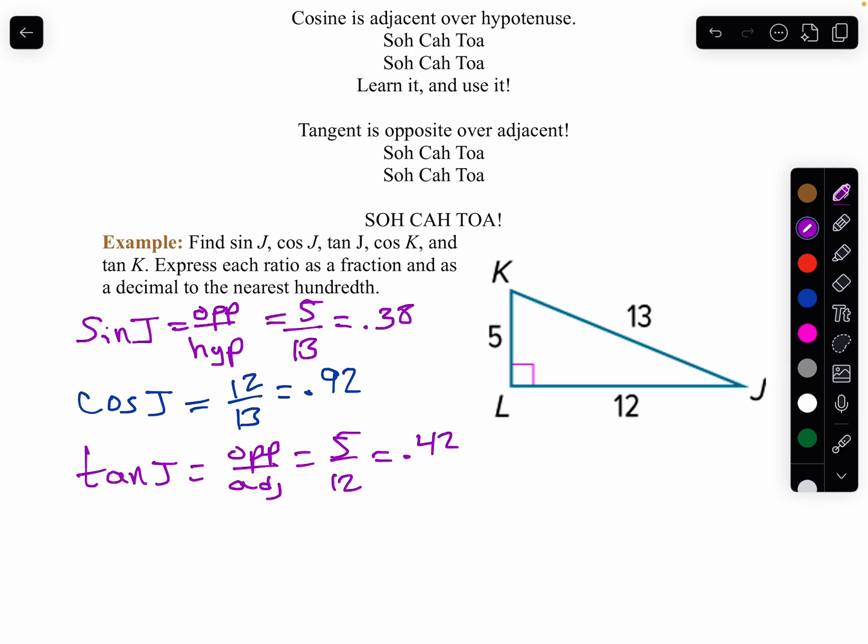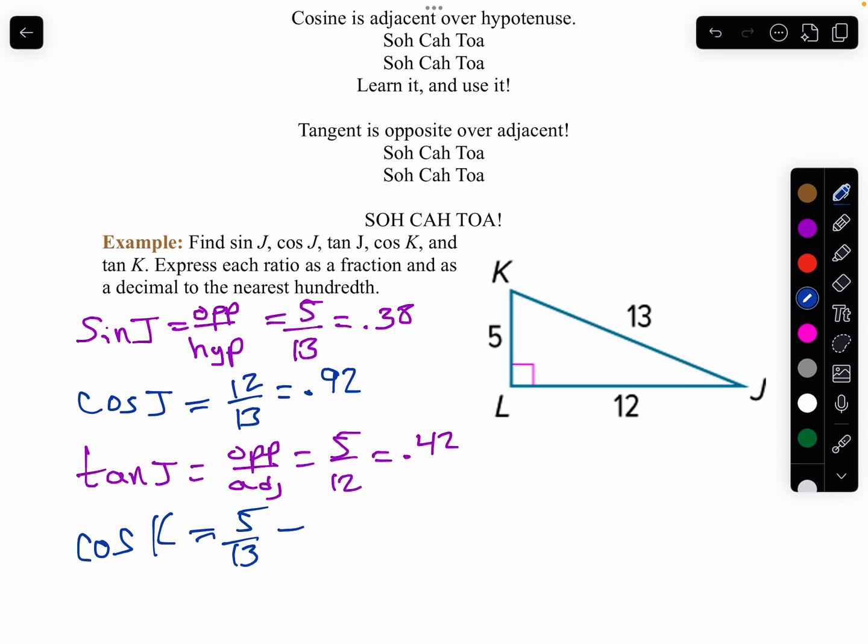Now, I'm not going to do them all here. I'm going to skip the sine of angle K. And when you do the cosine of angle K, I want you to notice something. Cosine of angle K is adjacent. So next to angle K is 5 over the hypotenuse, which is 13.